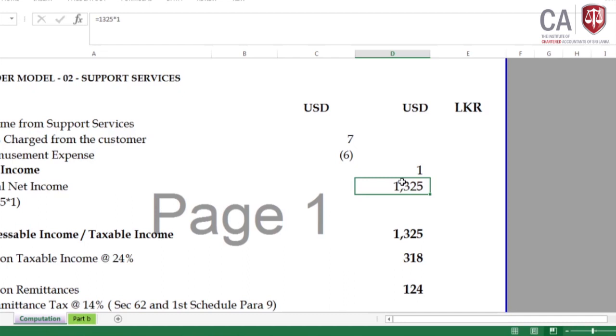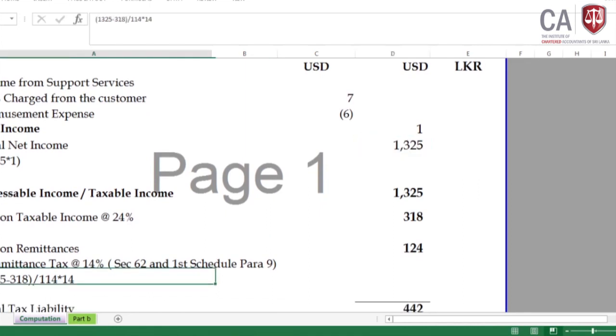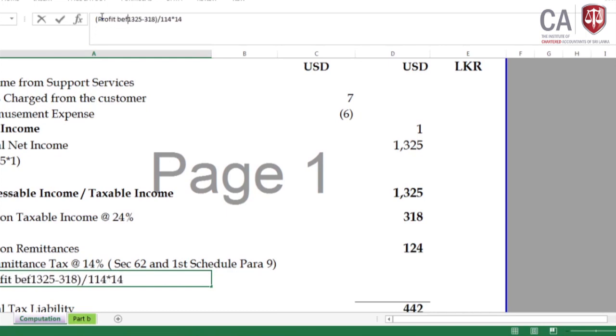In the income statement, profit before tax minus income tax paid in Sri Lanka. Then the net profit for us is 1325, this is net profit. I will take it as profit before tax. In the accounting terms, I have mentioned this many times.